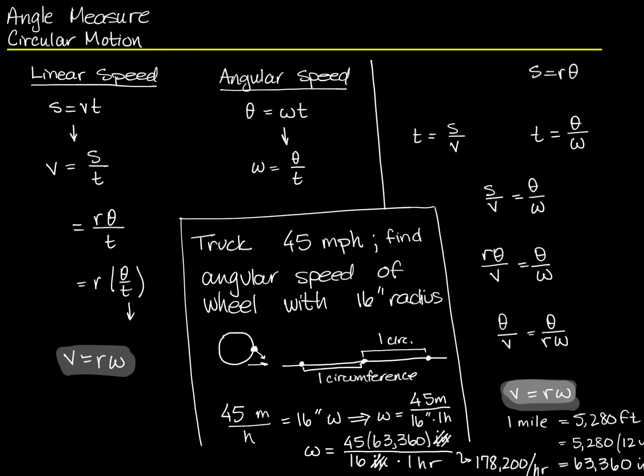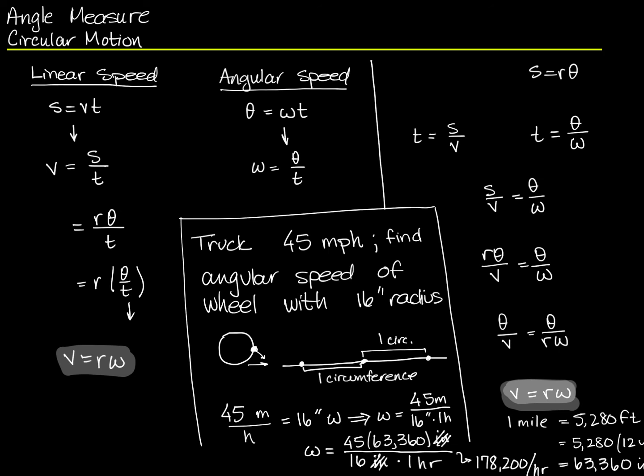My inches are gone, right? I have no length measurements left. I'll come back to that in just a minute. So whatever I have, this many per hour. Now, what was I looking for? I was looking for the angular speed. And since I've done everything in terms of radians, because my formulas have theta in them and they were all derived using radians, I have to use radians here.